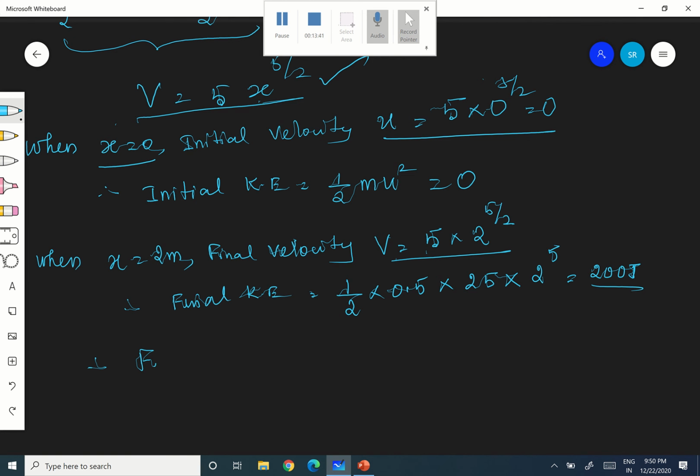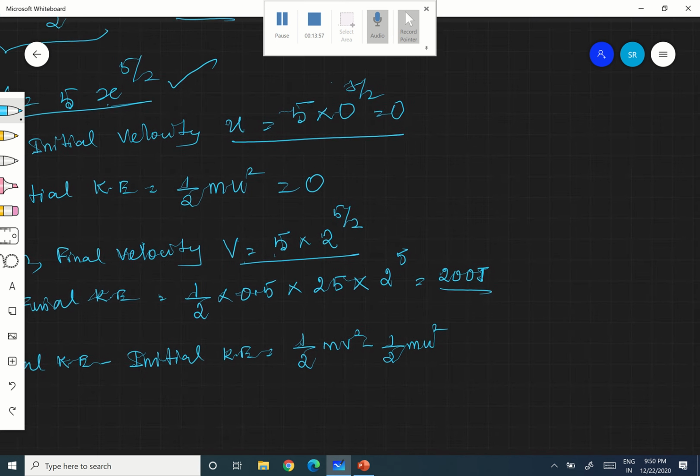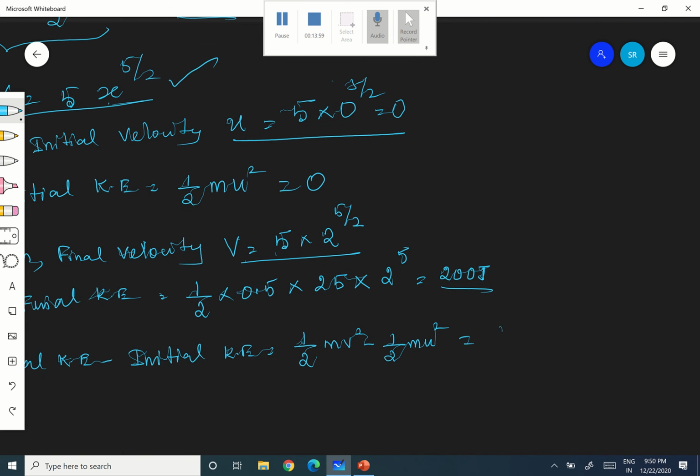Therefore, final kinetic energy minus initial kinetic energy, that is equal to half m v squared minus half m u squared, which is nothing but 200 minus initial kinetic energy 0 joules.